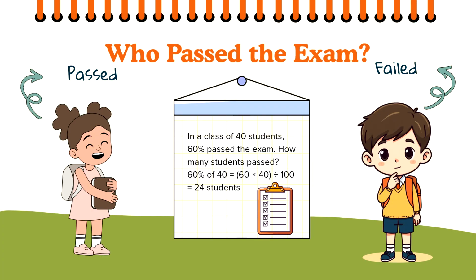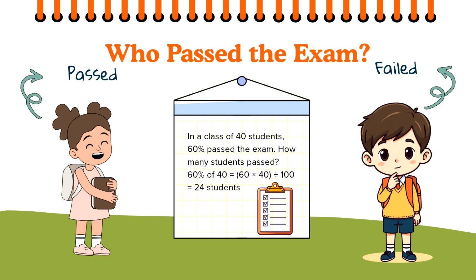Suppose in a class of 40 students, 60% passed the exam. How many students passed? You have only 40 students, so most of the students were confused there. The students are only 40 and the people who passed are 60%. Well, 60 is just out of 100. This is not a number, this is a percentage. 60% means 60 by 100.